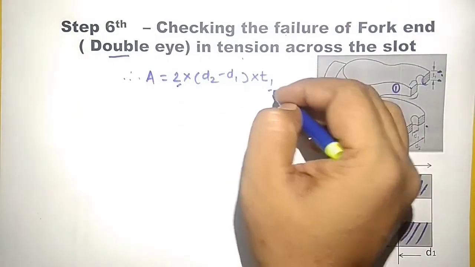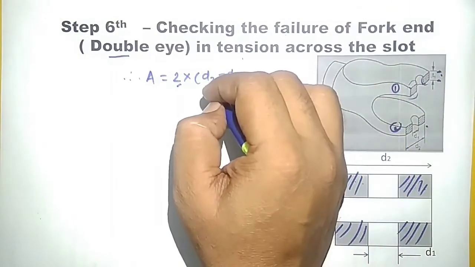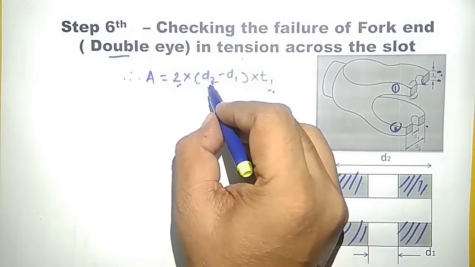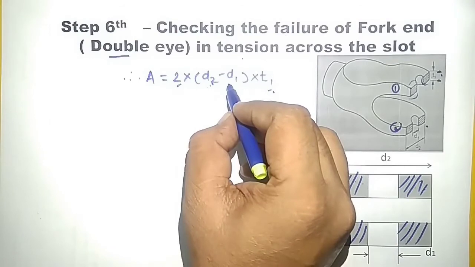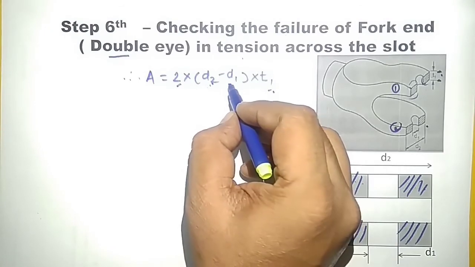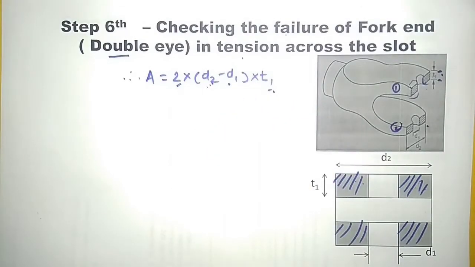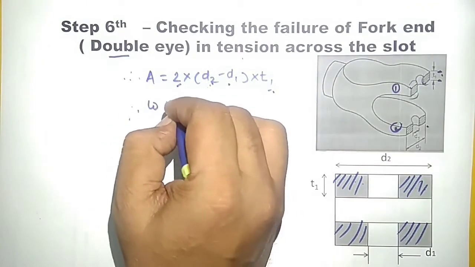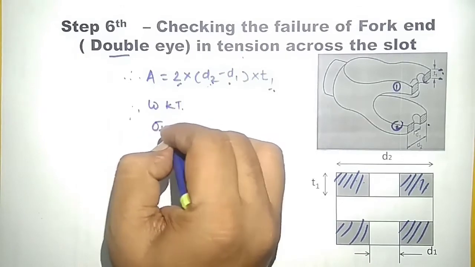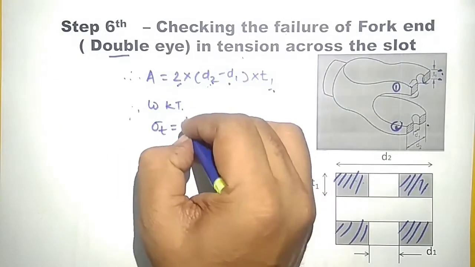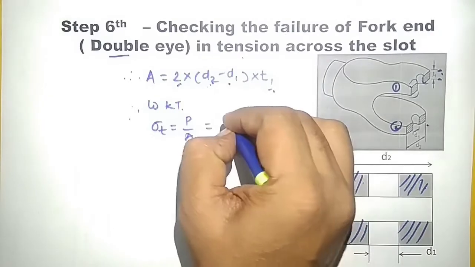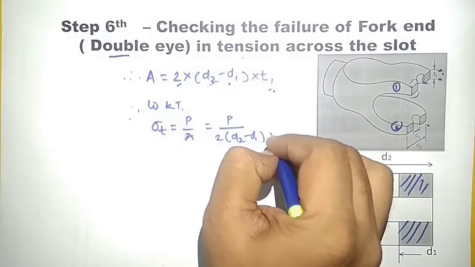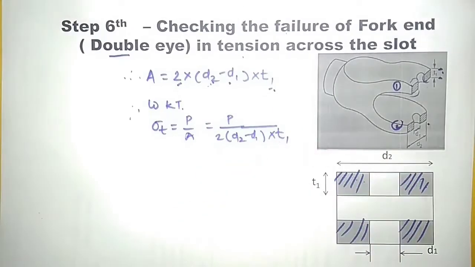T1 is the thickness of the fork end, D2 is the diameter of the fork, and D1 is the inside diameter, the diameter of the knuckle pin. We know that tensile stress is given by P upon area, P upon 2 into (D2 minus D1) into T1.